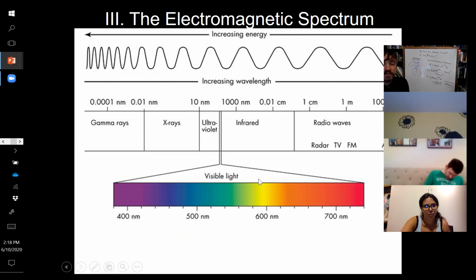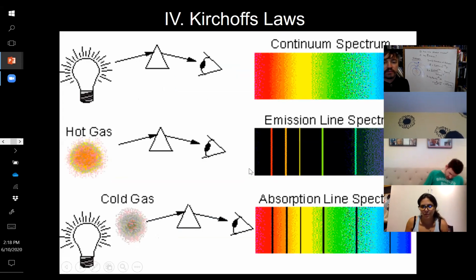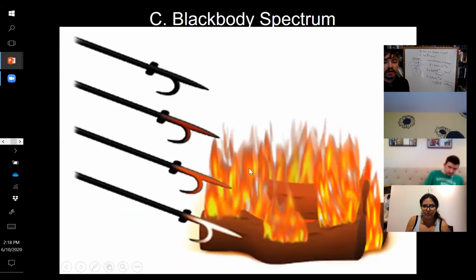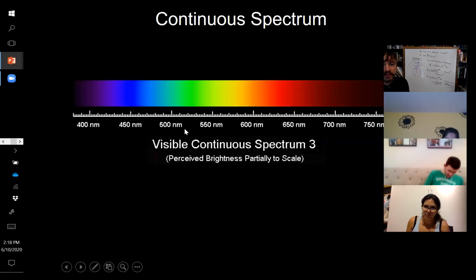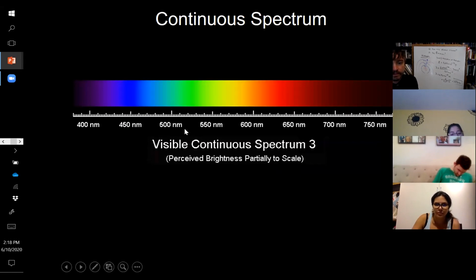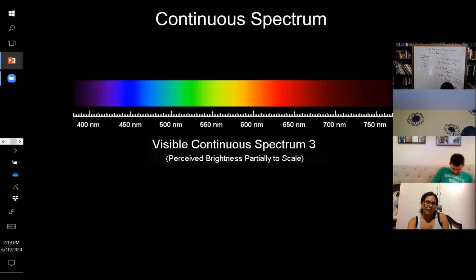Visible. The visible spectrum. What color would that correspond to? 656. Red? Yeah, it's a deep, deep red. So let's write that down. In fact, write down underneath that, it's in the visible spectrum, and this photon has a brilliant red color.